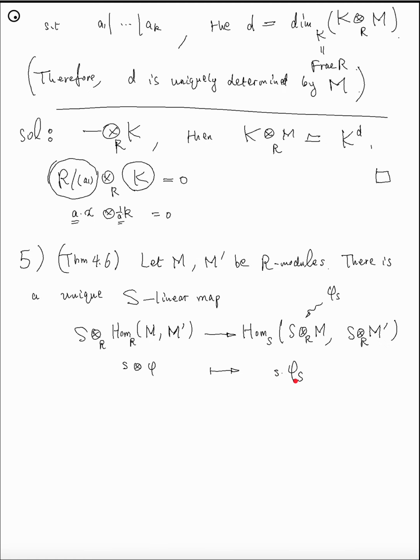And so we just multiply, because this is an S module. So as a map, this maps t to s phi_S(t).